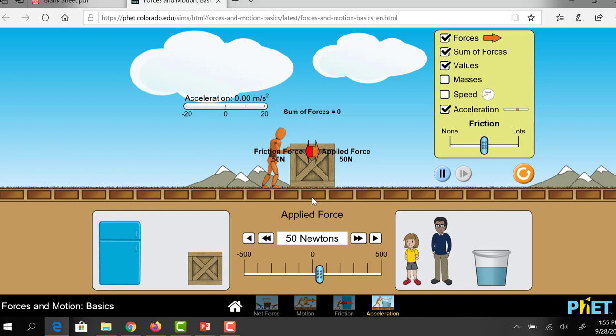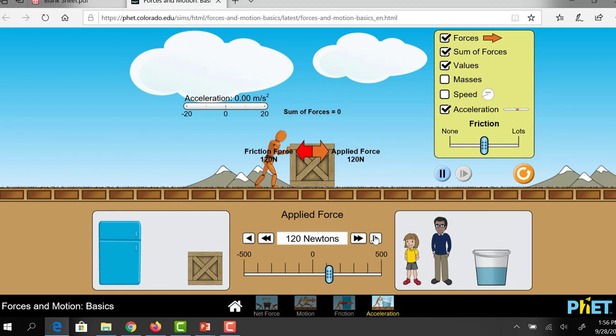But just horizontally speaking, I could increase this, 51, 52. Actually, I think I've got to go up quite a lot more than that. So right now I'm applying 102 newtons. It's not enough to overcome friction. So I'm still in the static friction area.